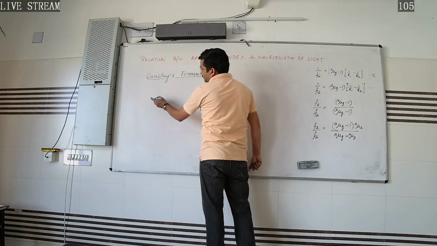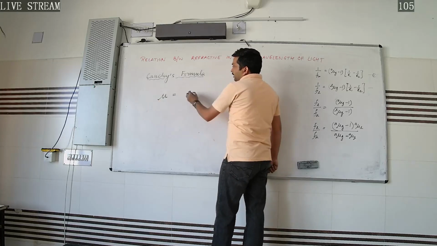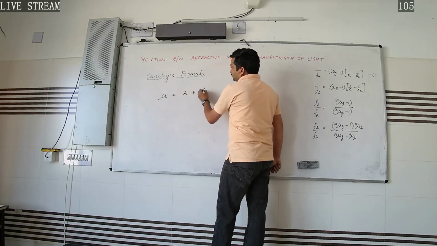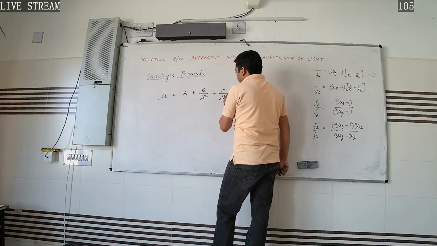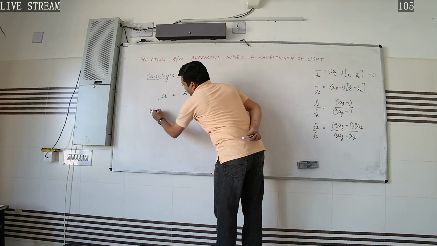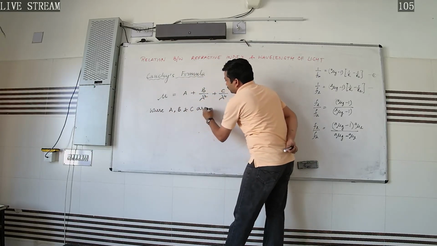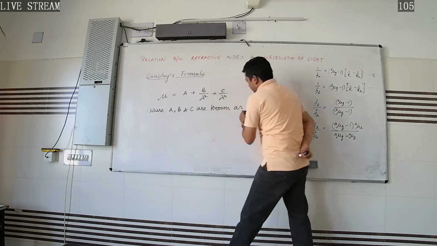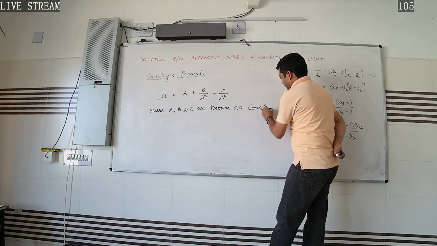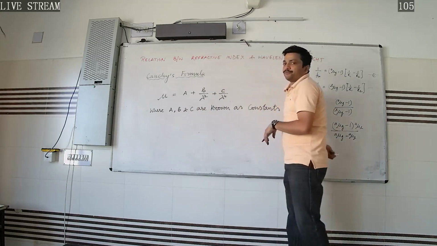No need to go for the derivation, simply keep in mind that the refractive index of the medium is equal to A plus B over λ² plus C over λ⁴, where A, B and C are known as constants, and λ is the wavelength of light used.